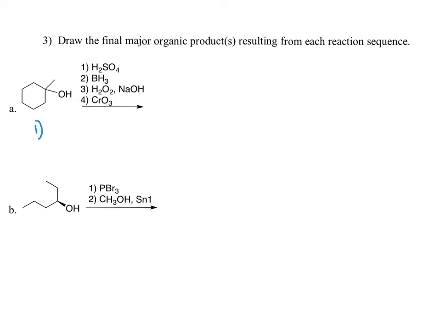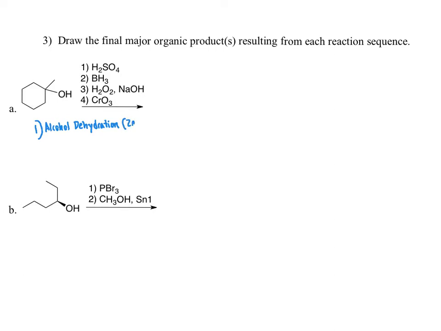Many of these reactions are throwbacks to earlier chapters. And when we have sulfuric acid reacting with an alcohol, we are looking at a dehydration reaction. So the first reaction is an alcohol dehydration reaction, a really common reaction that alcohols undergo. You could think of this as an elimination reaction as well.